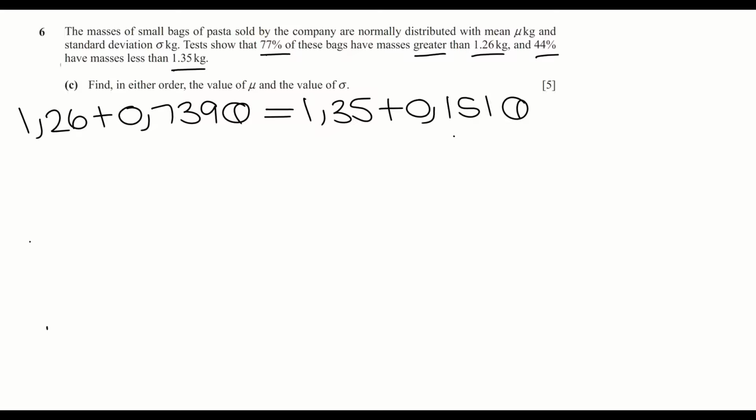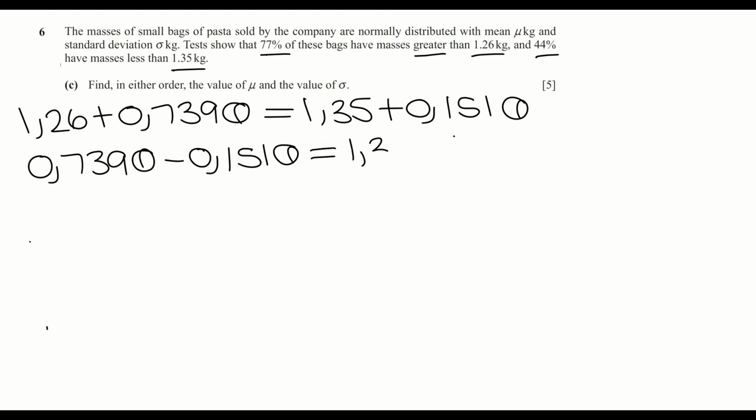We're solving for sigma, so let's move our sigma terms to the left. I have 0,739 sigma minus 0,151 sigma is equal to 1,35 minus 1,26.